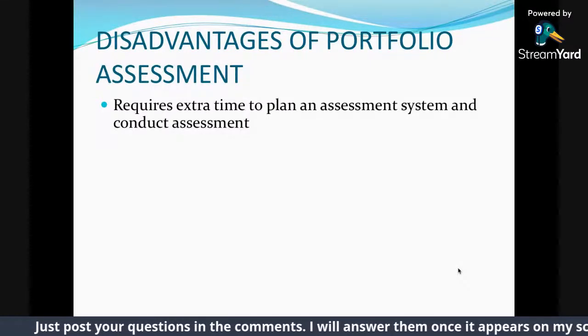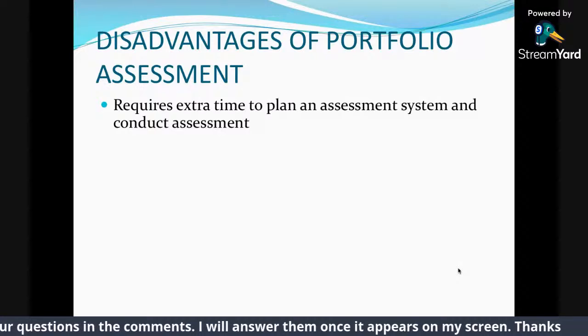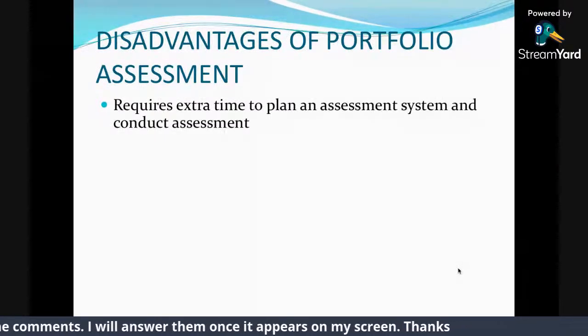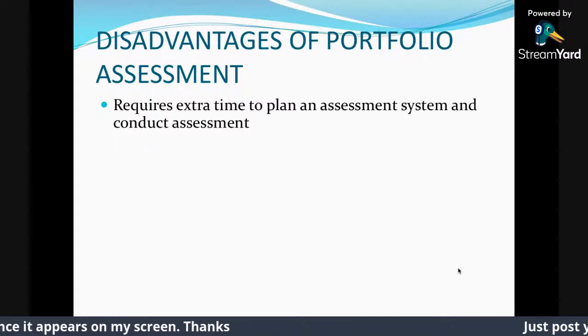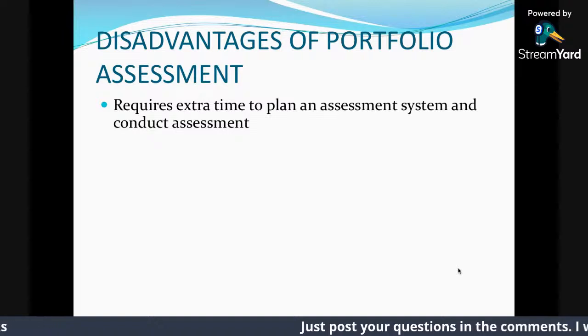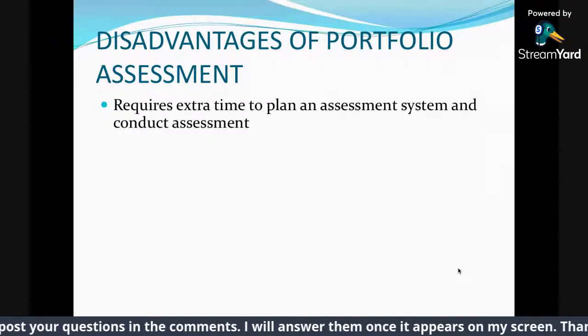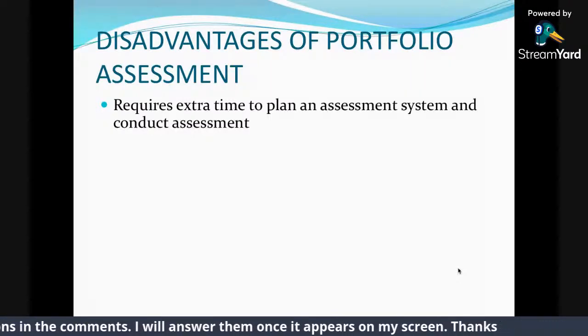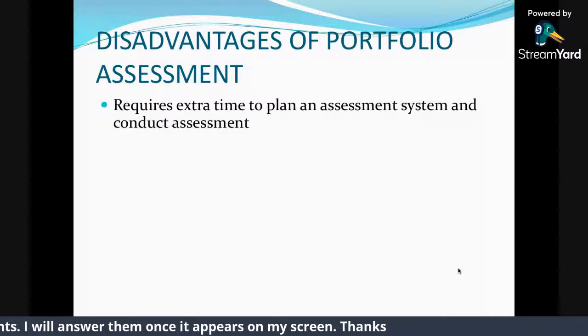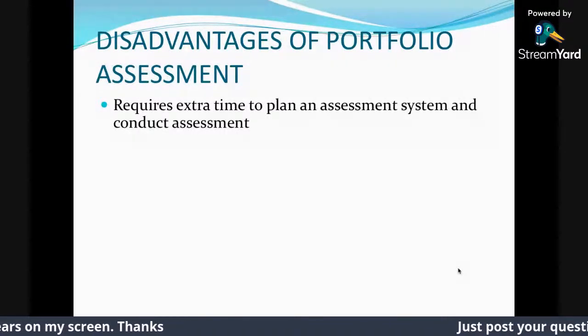O, kasi magpe-prepare ka dito, you have to prepare as a teacher, or there should be an available rubric to measure the portfolio, para sa portfolio assessment. And hindi lang yan, kailangan pag-isipan din ng teacher kung paano i-conduct, paano mangongolekta yung mga estudyante ng kanilang ilalagay doon sa kanilang portfolio assessment.